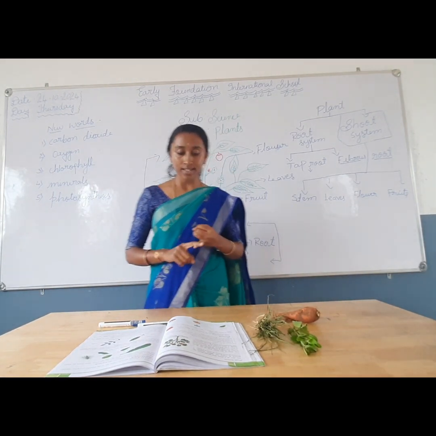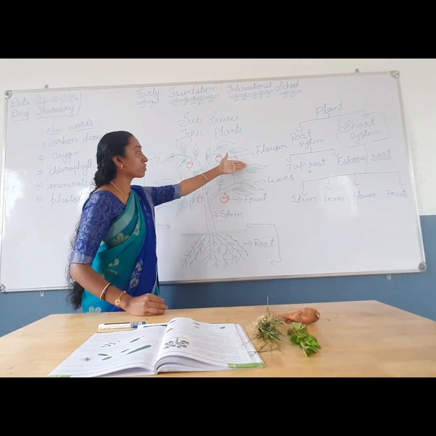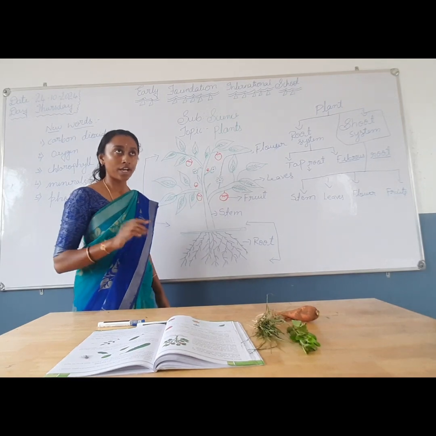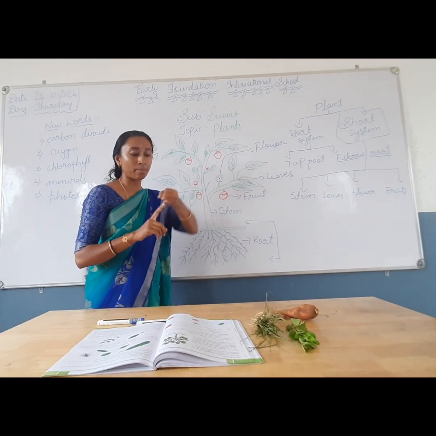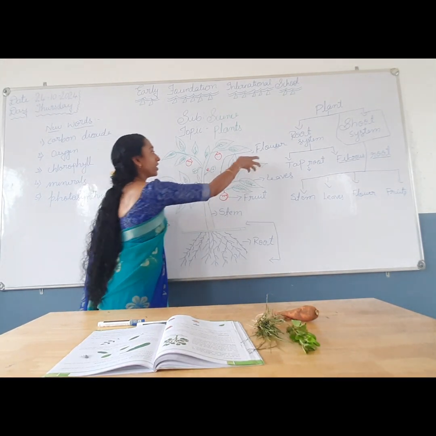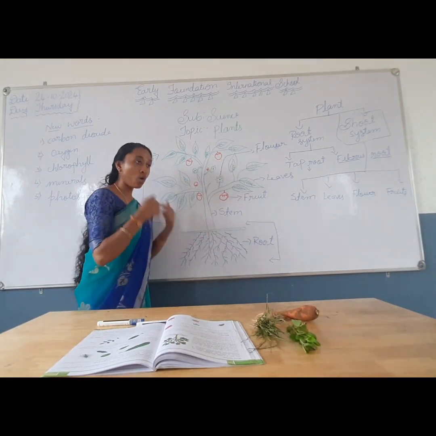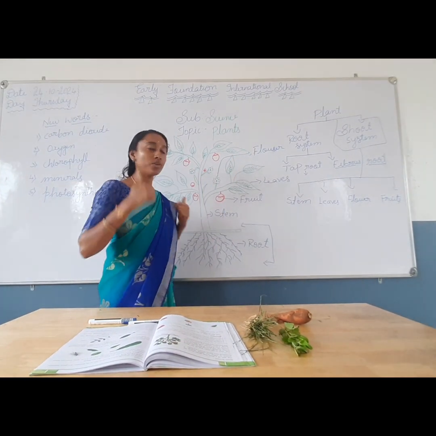Okay. Now it carries the food from the leaves also, children. See, in these plants, leaves will prepare their food. I told you about photosynthesis. Leaves will prepare the food by using carbon dioxide, sunlight and water. Just like we have a food pipe, leaves also have a food pipe.